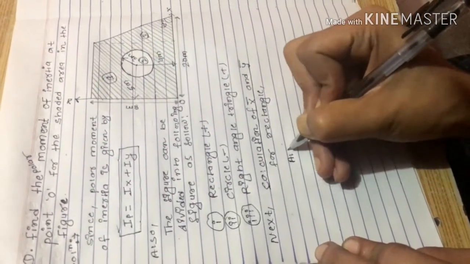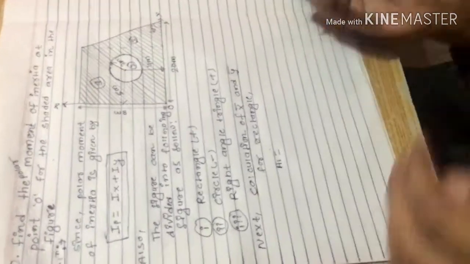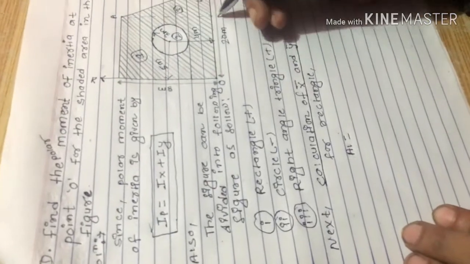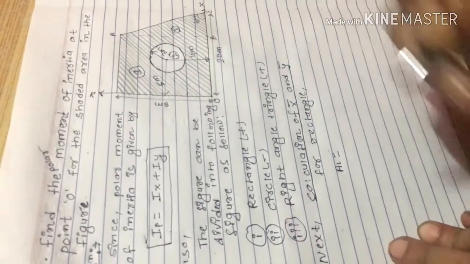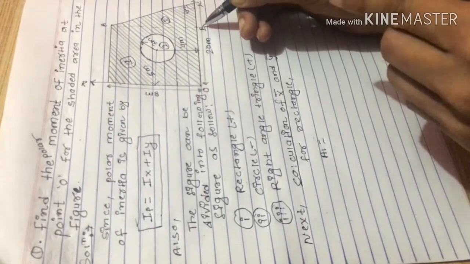if A1 is the area of the rectangle, we know the area of a rectangle is L into B. If this is A, B and C, we need to calculate the length of BC.